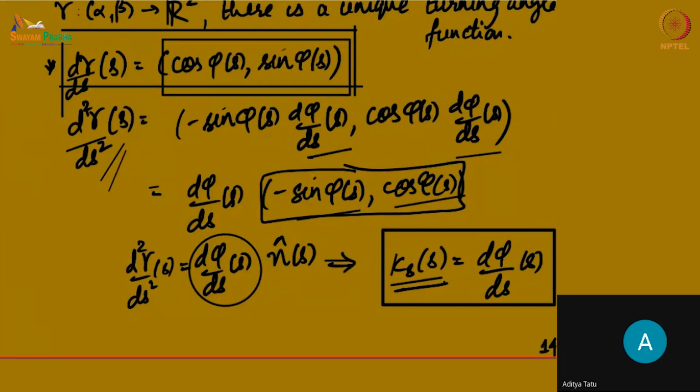Okay, so going at the same speed, the more curved the road is, the more you will have to keep on turning your steering wheel. So the rate of change of your steering wheel is directly your signed curvature. If you have to turn your steering wheel in one direction, the curvature will have a particular sign. If you have to turn the steering wheel on the other side, the sign will change.